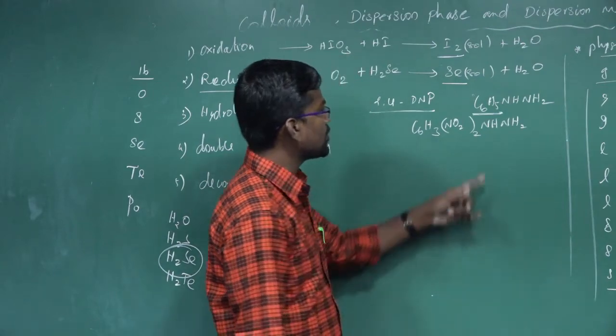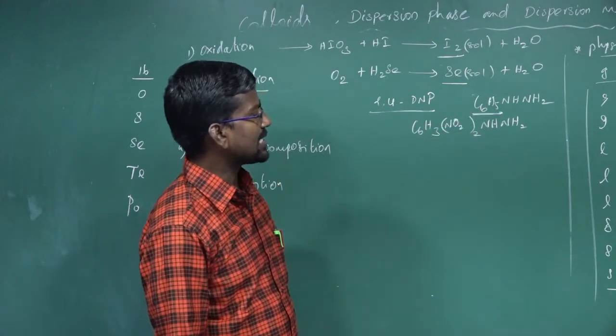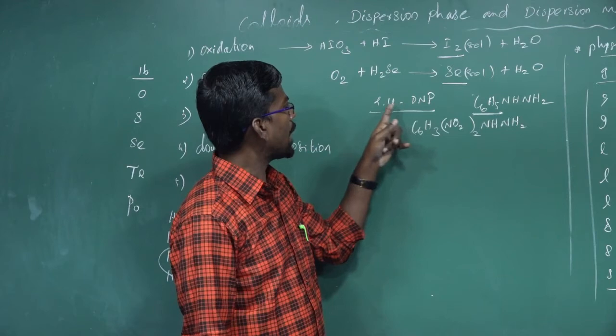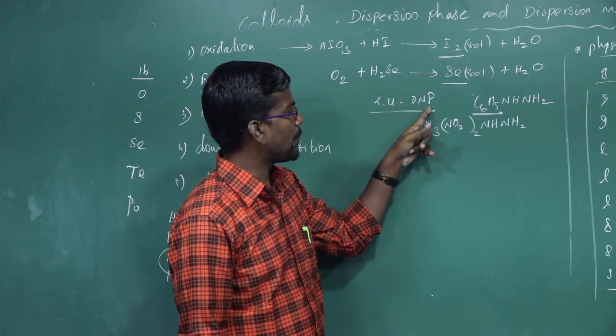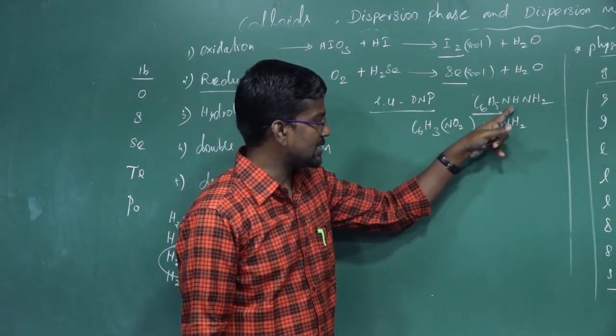What is the formula of the phenyl group? C6H5. How many hydrogens are there in phenyl? Five hydrogens. Two hydrogens are replaced by two NO2 groups. So 2,4-DNP is a phenylhydrazine.